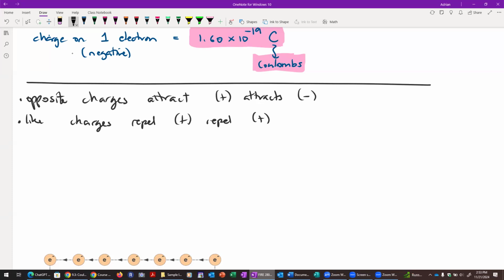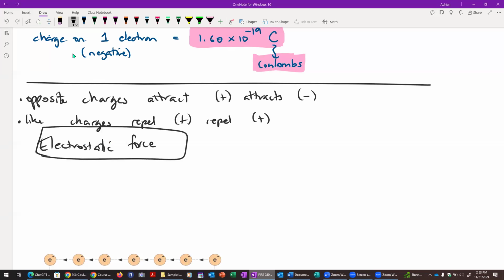Those two observations give us some important perspective on what's known as the electrostatic force, which again is just the force of attraction between opposite charges or force of repulsion between like charges.